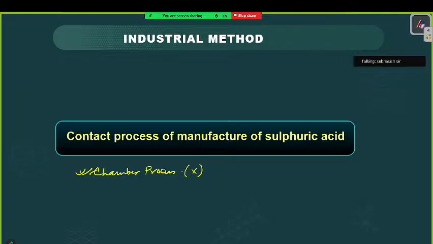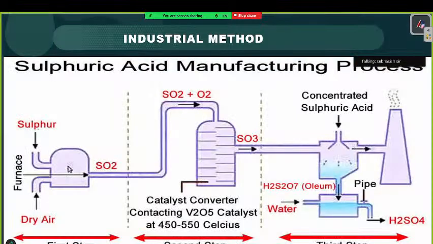Now the only method in the industry that is used for the preparation of sulfuric acid is the contact process.